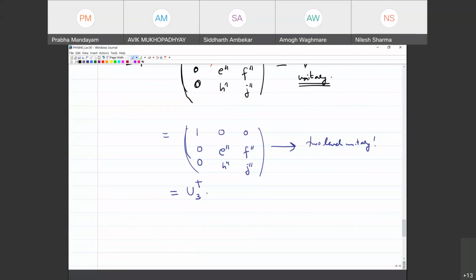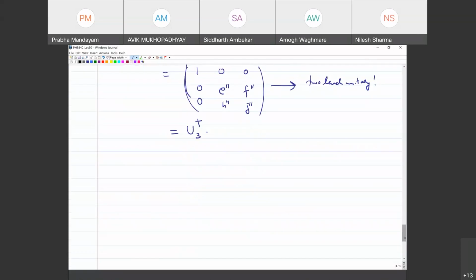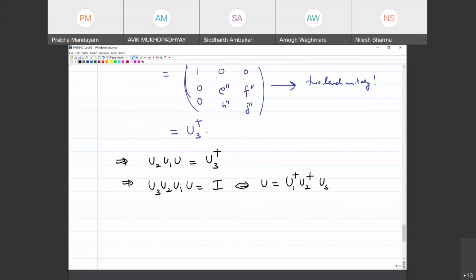I want to call it U3 dagger, so that I now have the statement. Okay, this in turn implies that U3, U2, U1, U is identity, which is the same as saying that U is U1 dagger, U2 dagger, U3 dagger. Okay, which is exactly what we want.